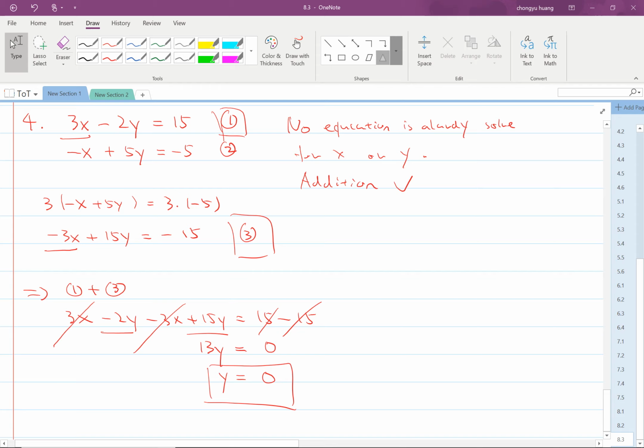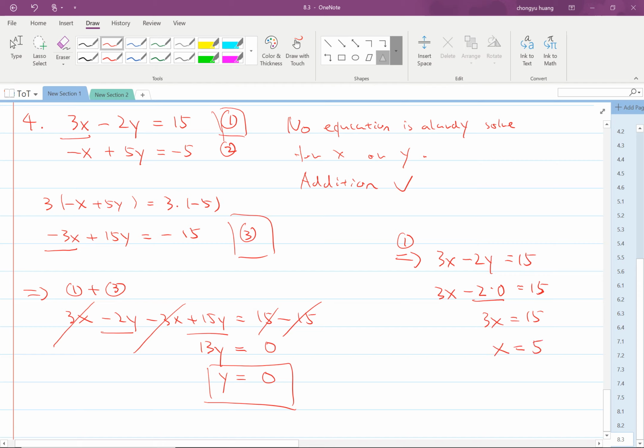Let's plug into equation 1 to find x. Equation 1 is 3x minus 2y equal to 15. With y equal to 0, this part is already 0, so 3x equal to 15, and x is simply equal to 5.